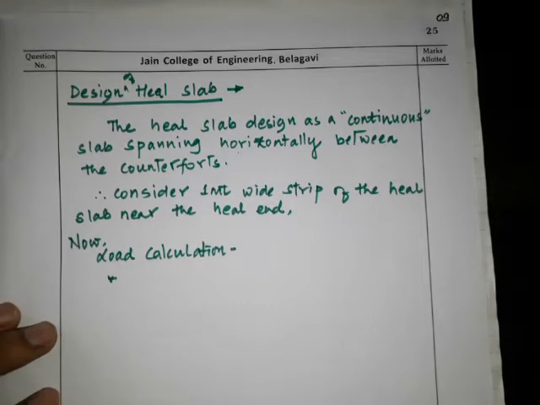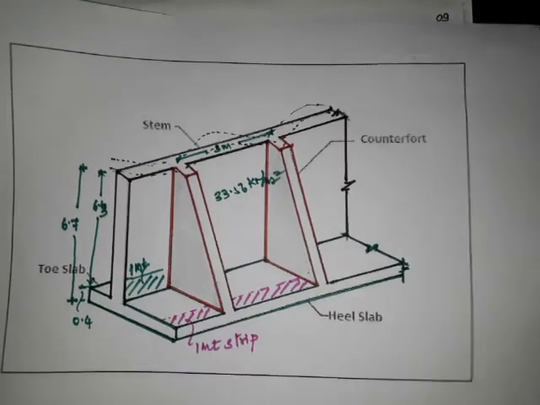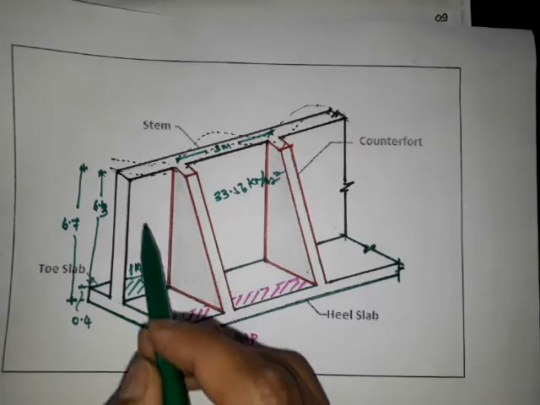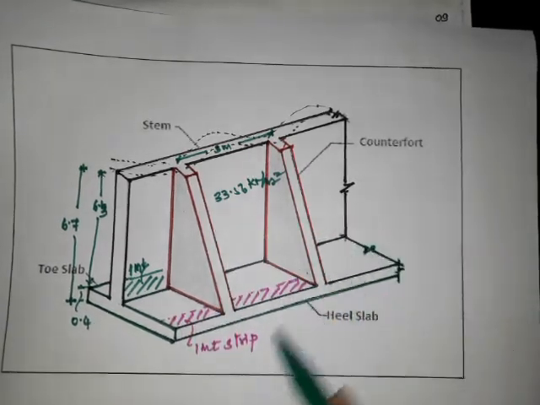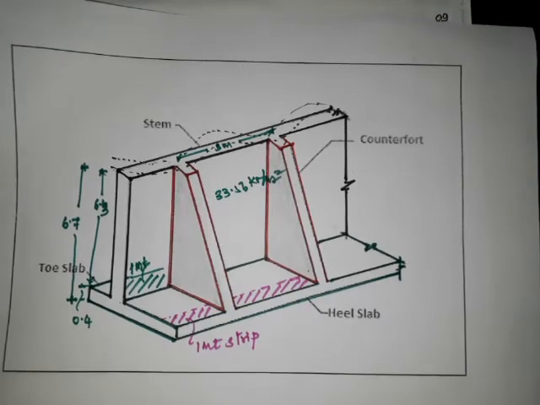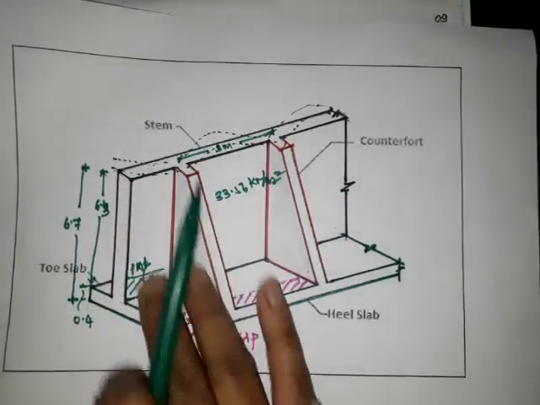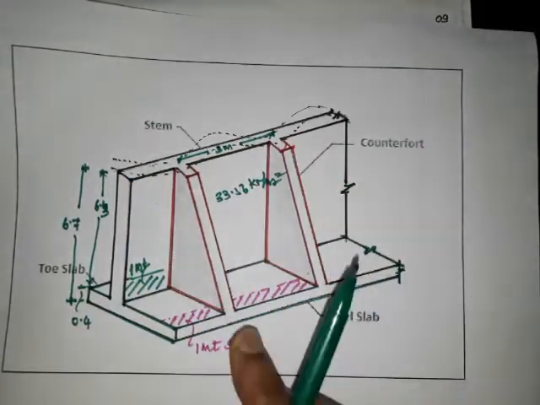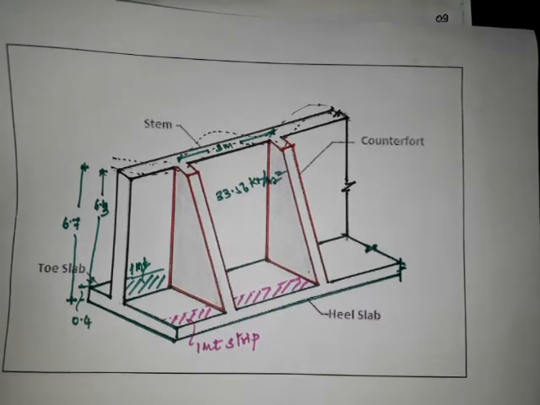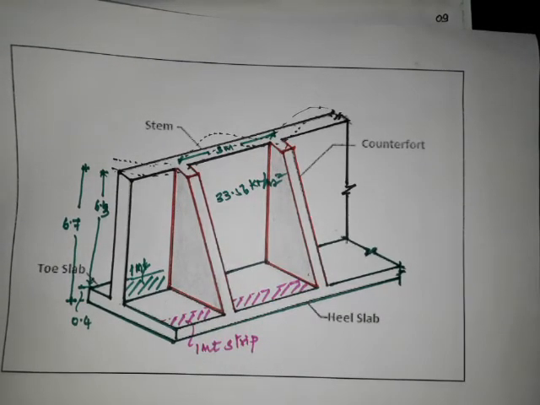First of all, that is the downward force. Over the heel slab, we have to consider the downward force due to backfill. Here we have the backfill. So we have to consider the force due to backfill and the force due to self weight of the heel slab. And again, upward we have the soil pressure.